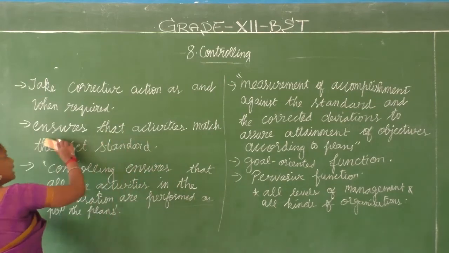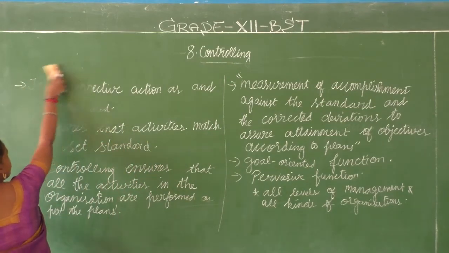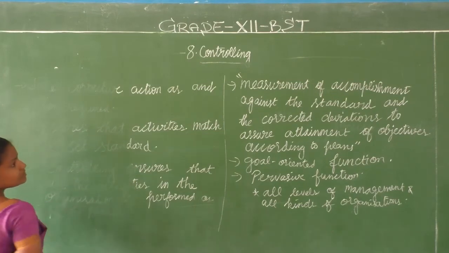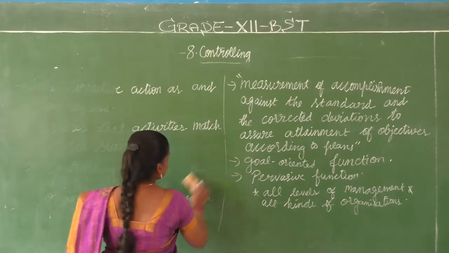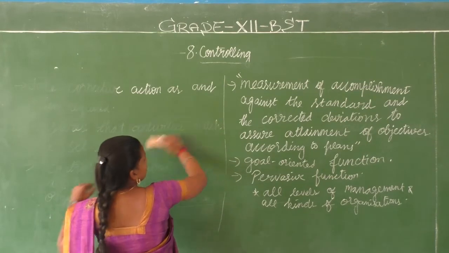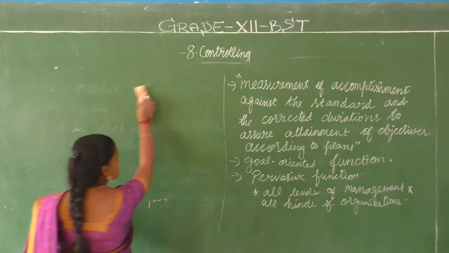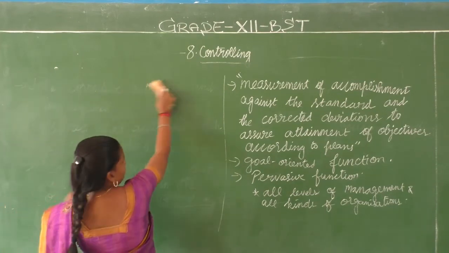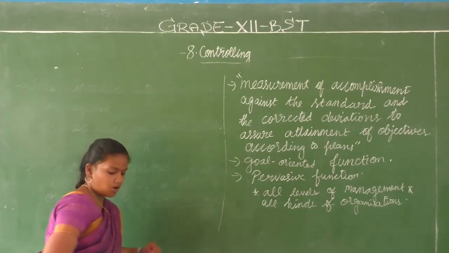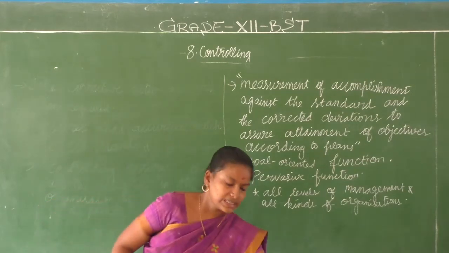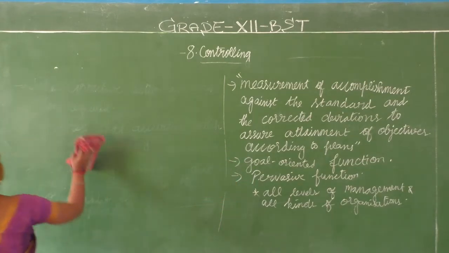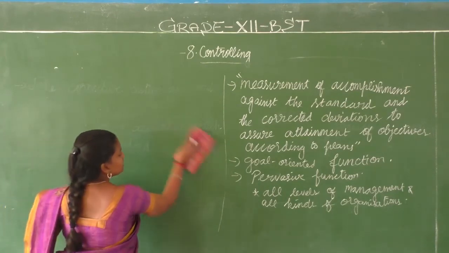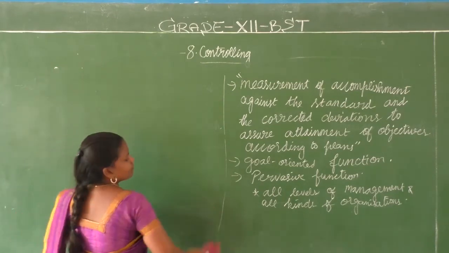We have seen that it is the measurement of accomplishment against the standard and the corrected deviations to assure objectives according to goals, right? This is what we have seen in the definition, and we know that it is pervasive.